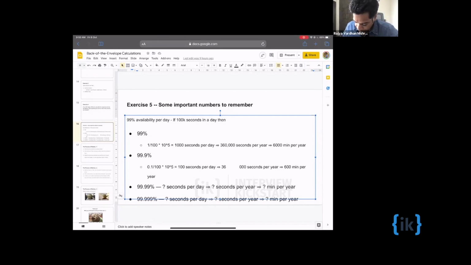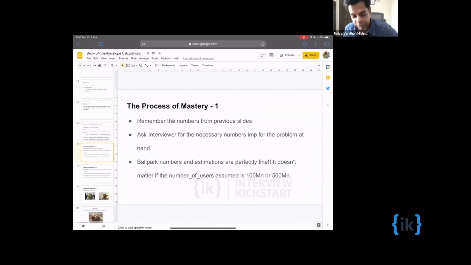Yeah, so I'll very quickly summarize what we do with all this information and data. How do we master this? Remember the numbers from previous slides, just learn them.